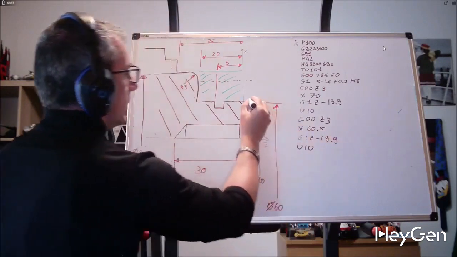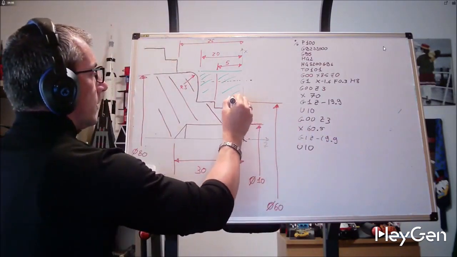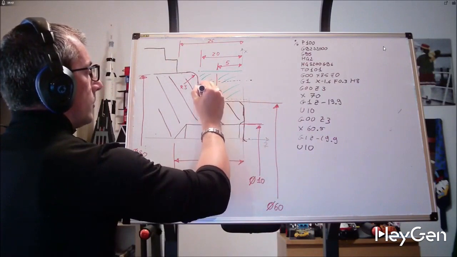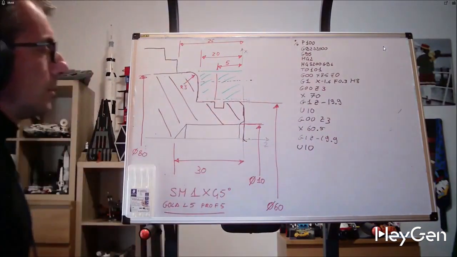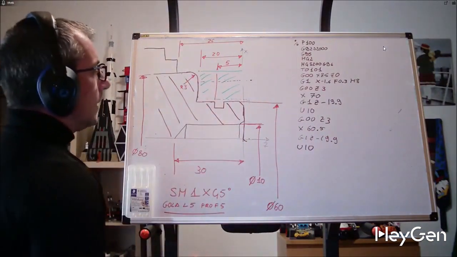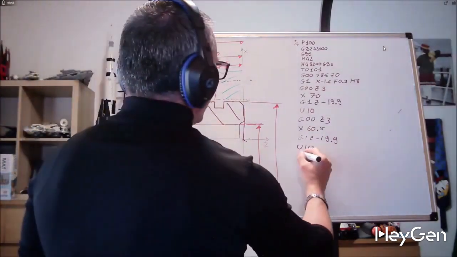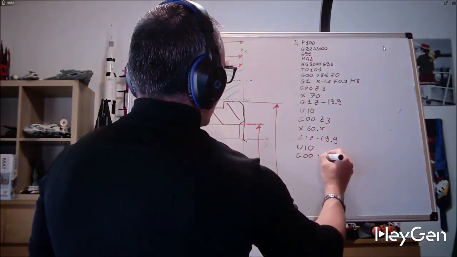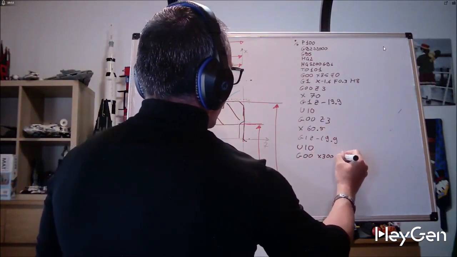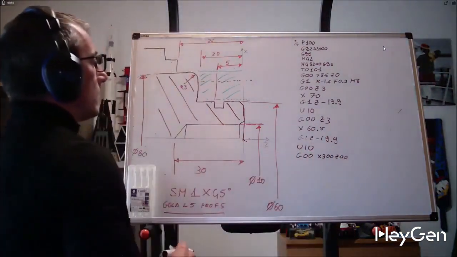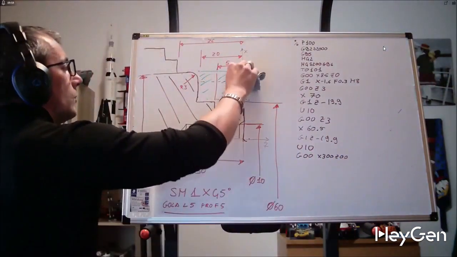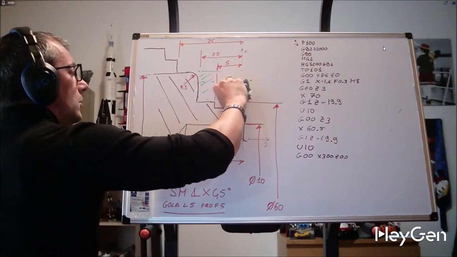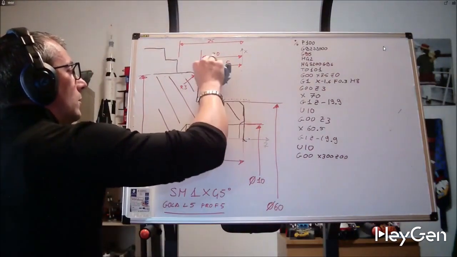So, I positioned myself here, made my pass, raised, to straighten the tool's clearance angle, and at this point I can move away quickly, G0 X300 Z300. All this excess material is no longer there, and I did it with point-to-point programming.